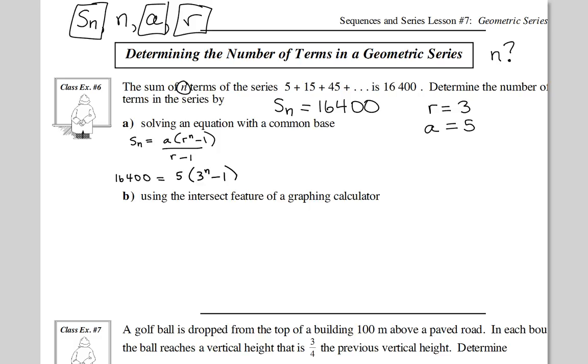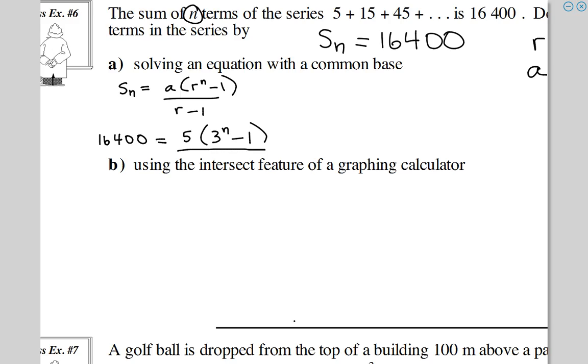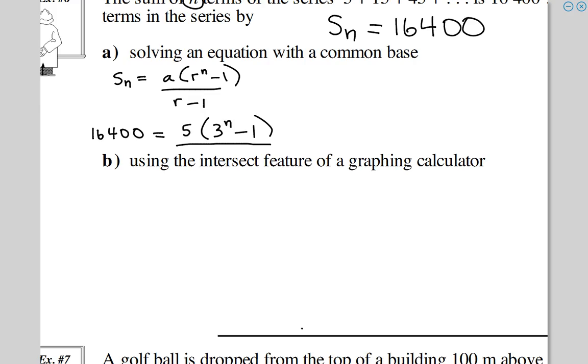And you notice I didn't put a bracket in there. You can get away with it if there's no negatives. If it's positive, you can get away with it. And r being 3, so 3 minus 1. So just plug into the formula. Boom.